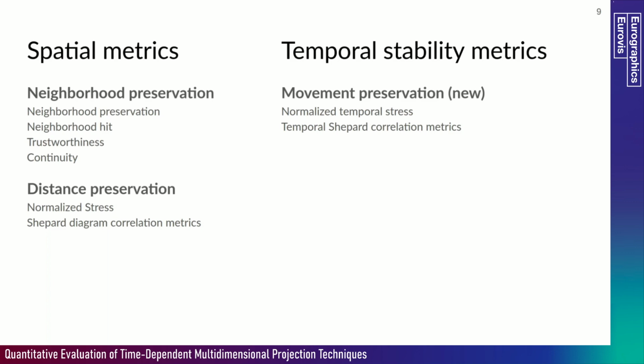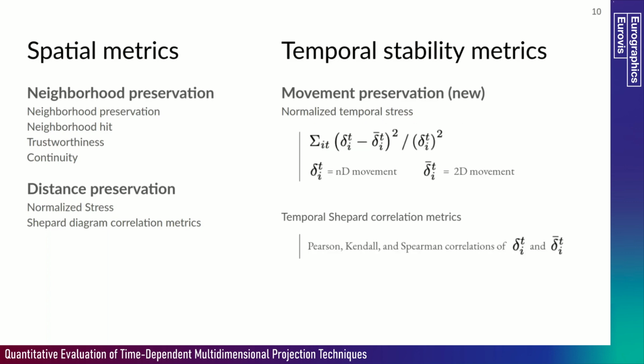For the distance preservation metric, we take the distances between points in ND and the distance between points in 2D and see how well these correlate. However, there are no temporal stability metrics in the literature. So we took distance preservation metrics and adapted them to, instead of looking at distances, now we look at movement. So we measure the stress and correlation of movements in the two spaces.